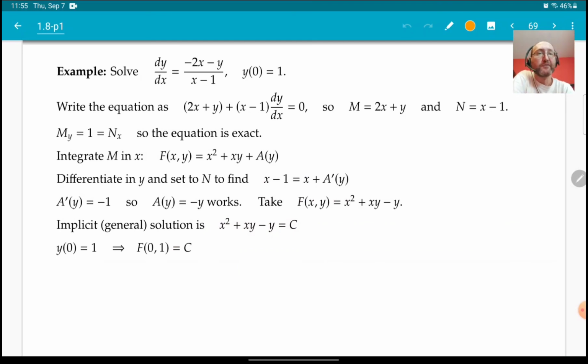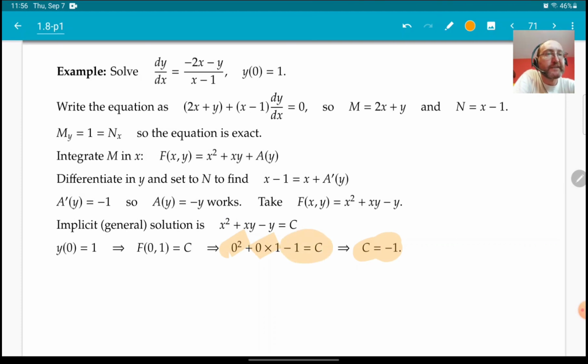Now, we also want y at x equals 0 to be 1, right? So when x is 0 and y is 1, this should be satisfied. C should be whatever makes this true. So if I plug in 0 and 1, I get 0 squared, 0 times 1 minus 1, and that's supposed to equal C. Well, C is then minus 1, because this is 0, this is 0.